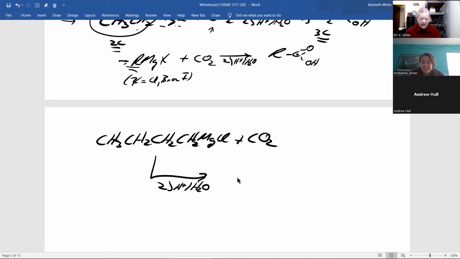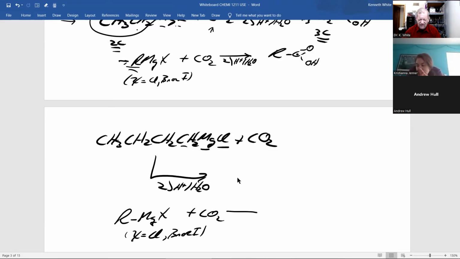If we look, what's different, what's not carbon, what's not hydrogen? Ooh, magnesium chloride on a carbon. This is a Grignard. And X can be chlorine, which it is in our case, or bromine or iodine. Those halogens, carbon dioxide, second step, acid, and water. And you get a carboxylic acid, which is one carbon longer, this carbon, than the R group you started with.